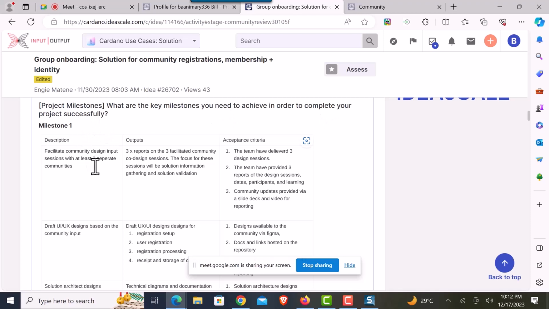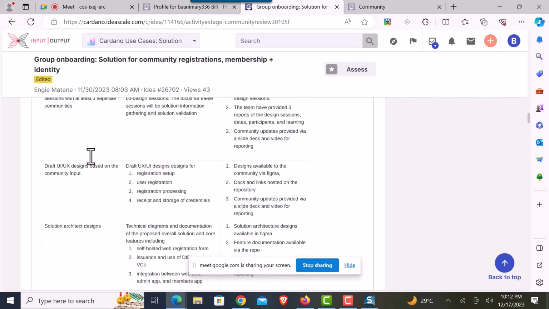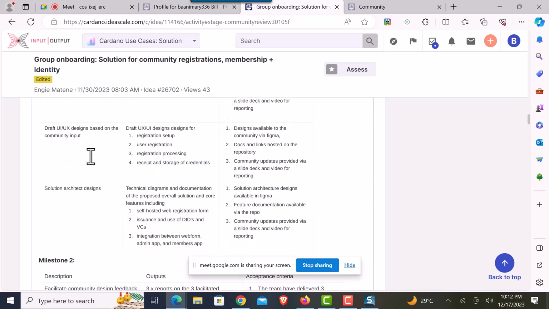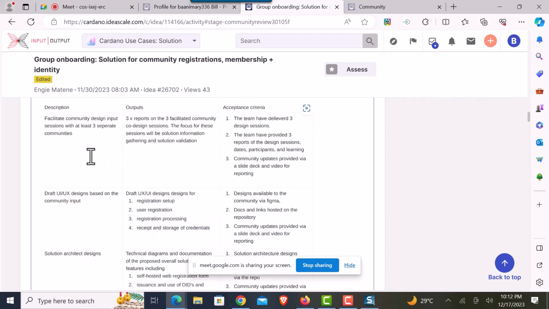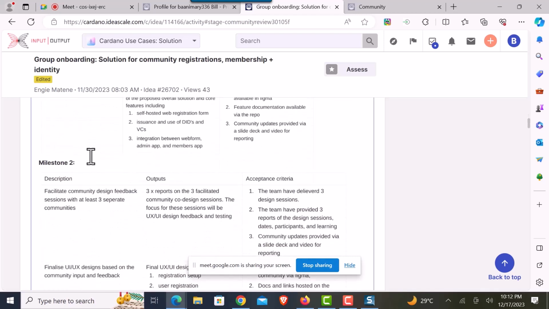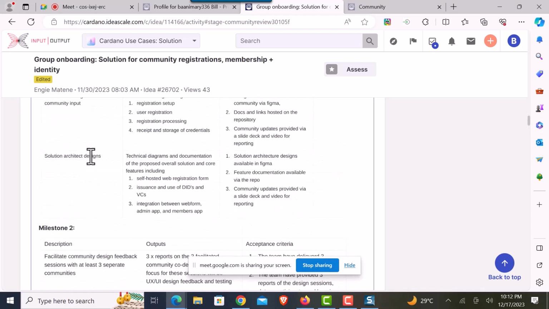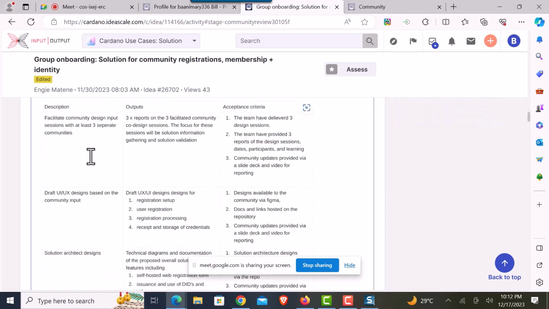So he has provided it this way. I think he has used some kind of a sheet to prepare this. But what I'm looking for now is the timeline for the milestone.